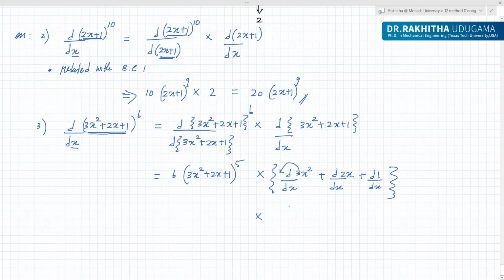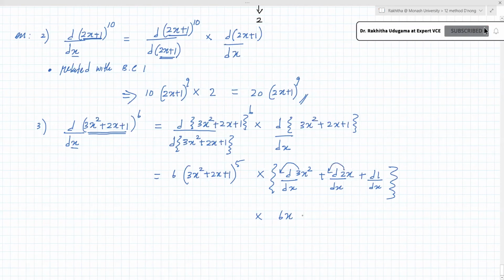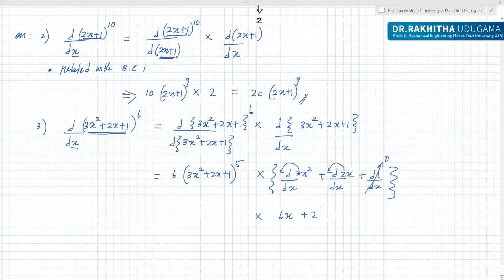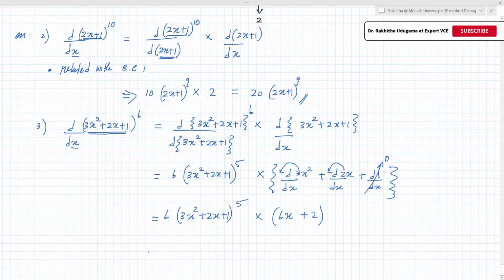Nothing to do, nothing to worry. So it's going to be 6x. Here, when you take 2 out, it's just d/dx of x, which is 1, so it's going to be 2. This is going to be 0 anyway. Then you have 6 times (3x squared plus 2x plus 1) to the power 5.